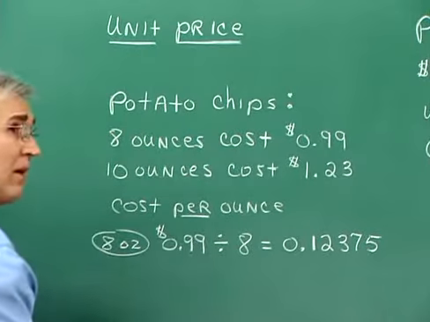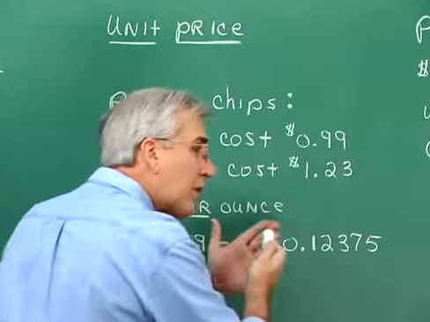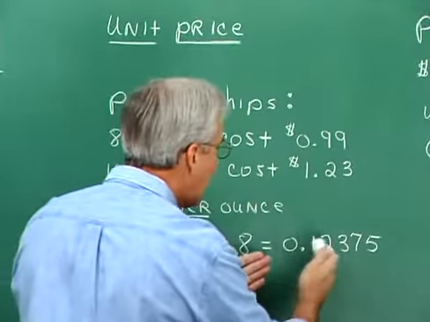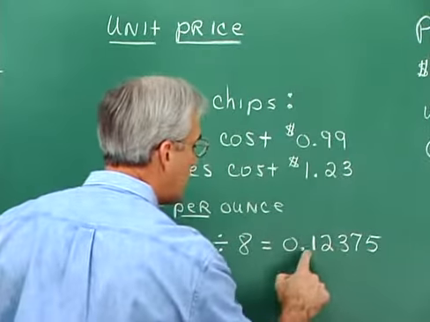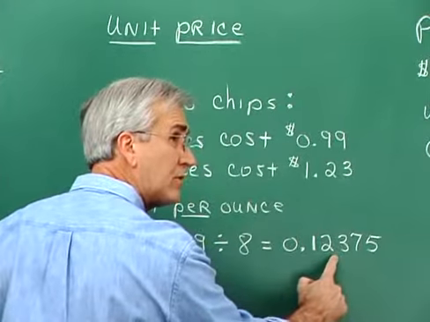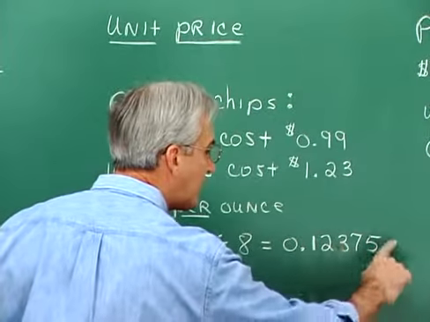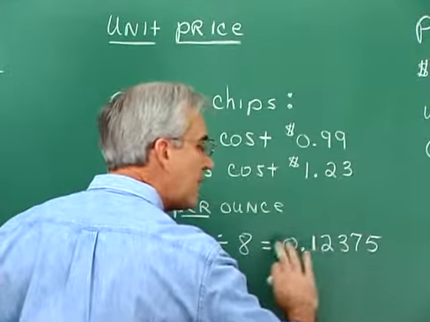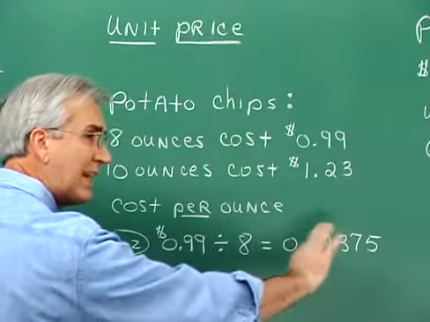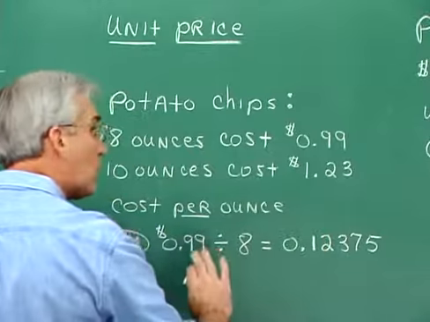Now, this is some amount of money, but in dollars and cents, we only have 2 digits to the right of the decimal point. If we round it off to that position, it would be 12 cents per ounce, because we would round off and just kick out the digits to the right of the 2. But let's leave it as this value. This is a more exact amount as the cost per ounce.